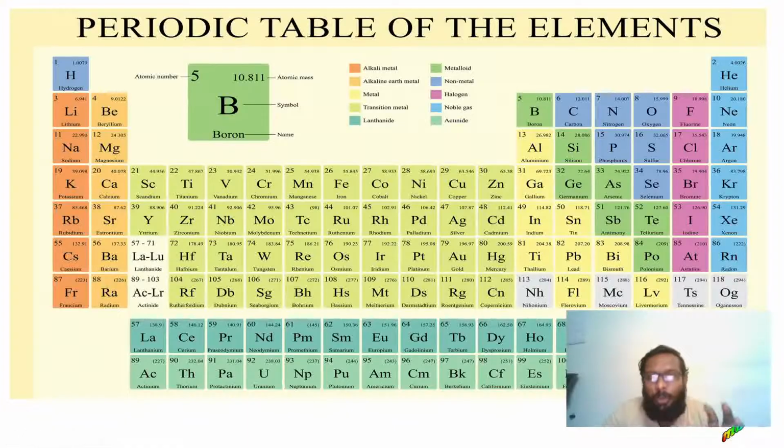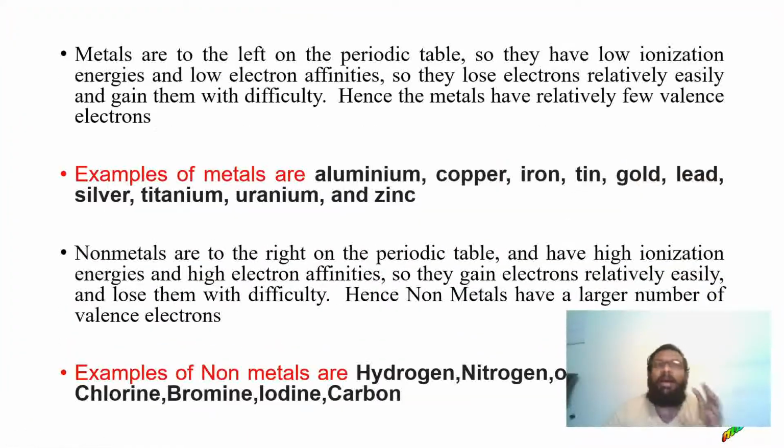Because of this low ionization energy, they are not able to hold the valence electrons, so they can easily lose the valence electrons, and it is difficult for them to gain electrons. They are not able to attract electrons from other elements, but can easily lose the electrons from the valence shells. Because of this property, these metals are good conductors.